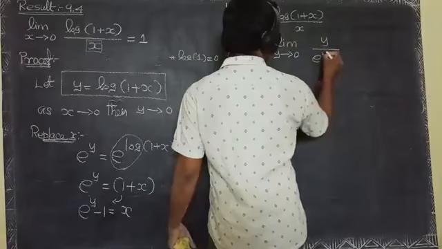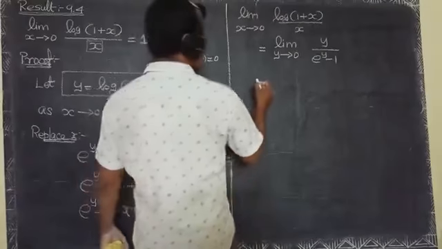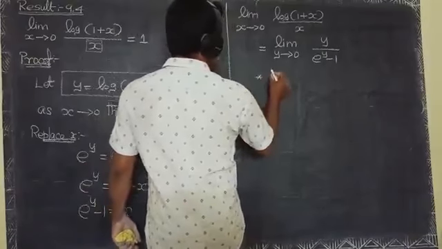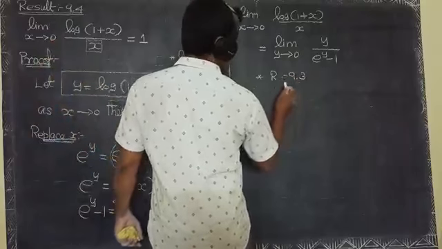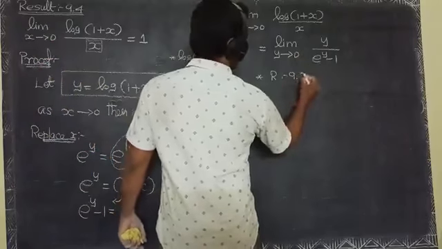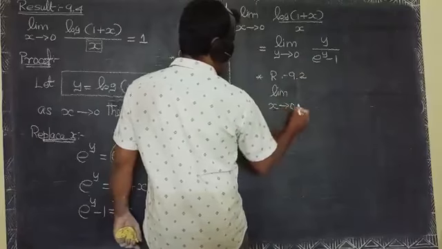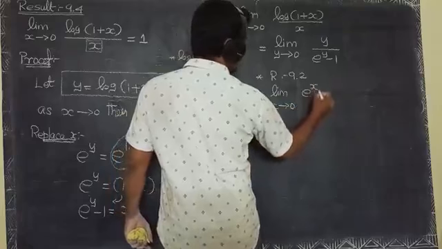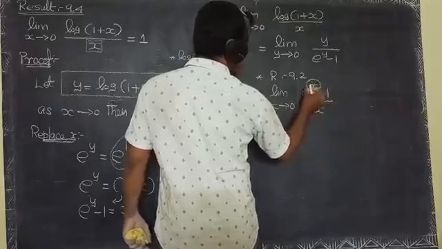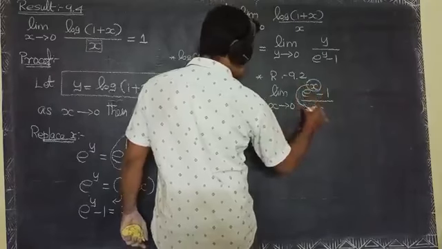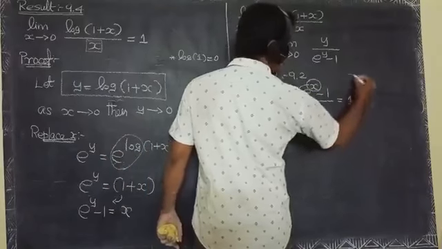We know the result 9.2: limit x approaches 0 of e power x minus 1 divided by x is equal to 1.